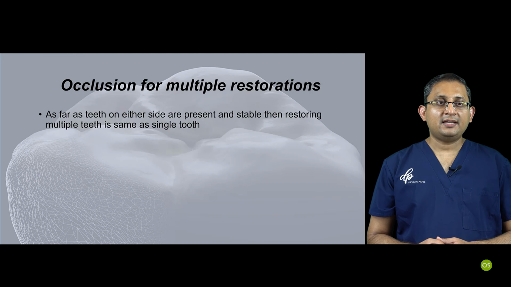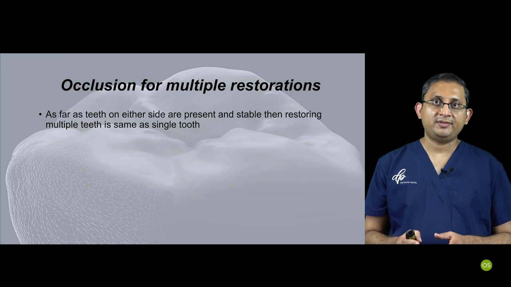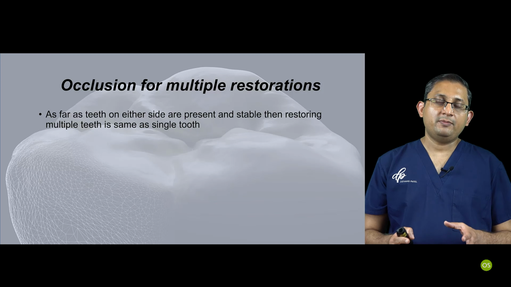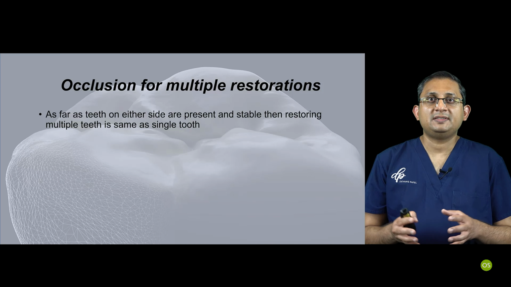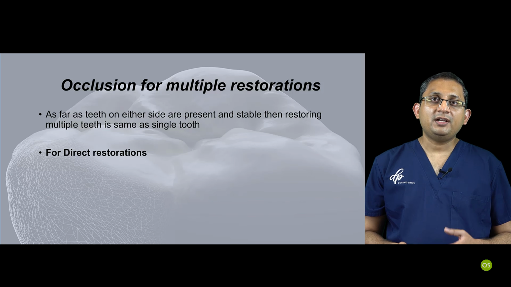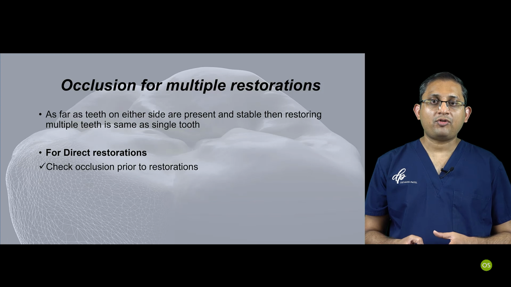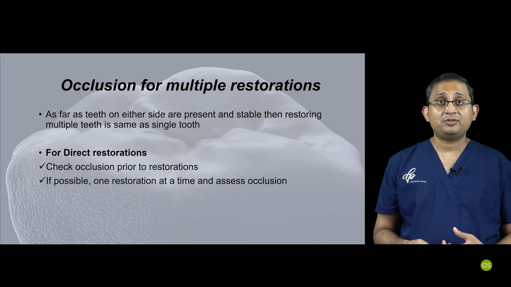Make sure that as far as the teeth on either side are present, you don't need to worry about restoring multiple restorations. It's almost the same as treating a single tooth. If you're doing a direct restoration, then make sure you check the occlusion prior to the restorations, as we discussed before. If possible, you can do one restoration at a time.